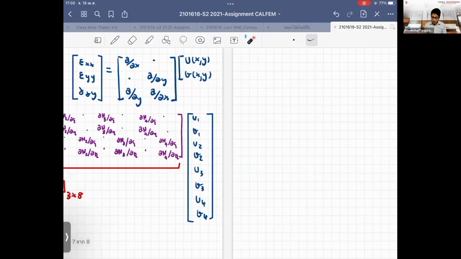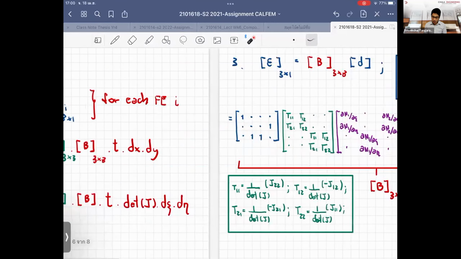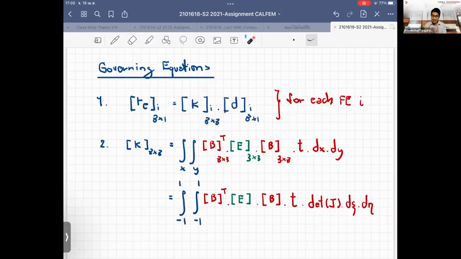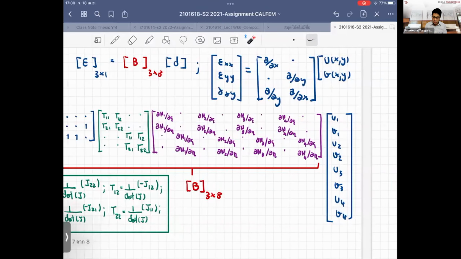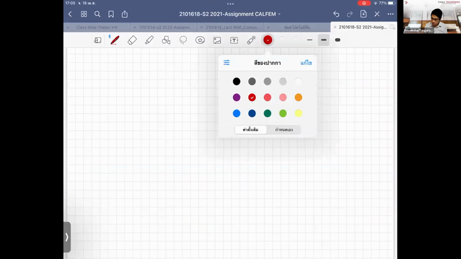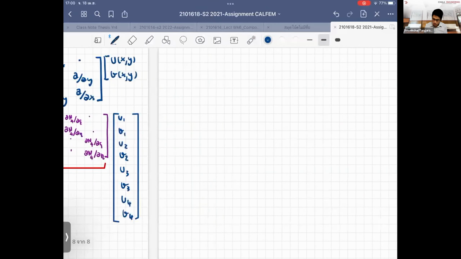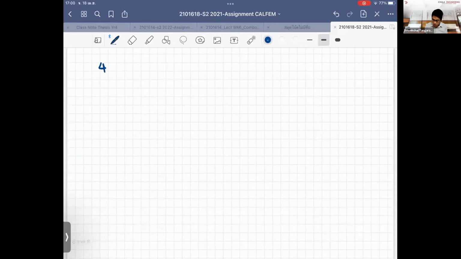And if you can obtain this, basically you just have the K matrix and you assemble them according to the degree of freedom.